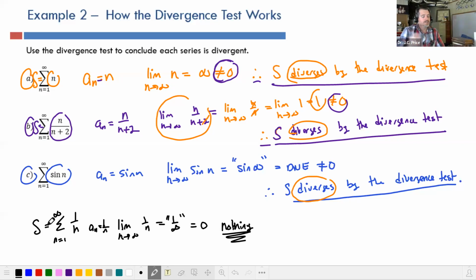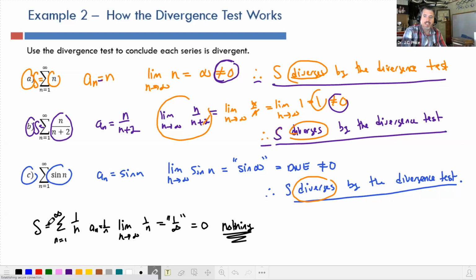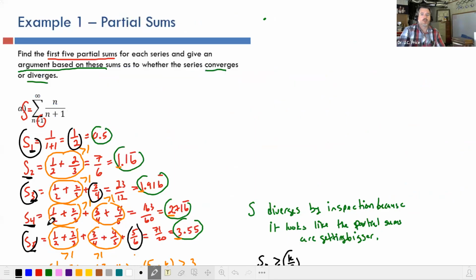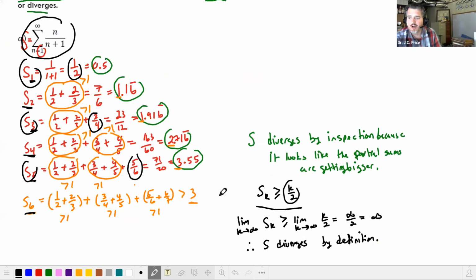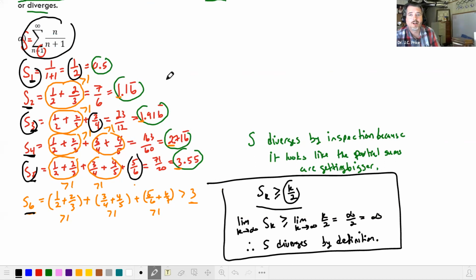But what's nice, remember that tough problem we did in the very beginning? Way back there, that was a really hard argument we made, a tough argument to create. Now we don't have to make that argument anymore, because why? Here's our a sub n's. Our a sub n's are just n over n plus 1. So all I have to do now is take the limit as n goes to infinity. I just take these terms, and you can see I get 1, which is not equal to 0.